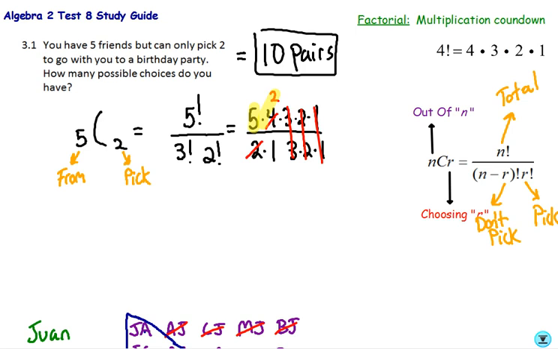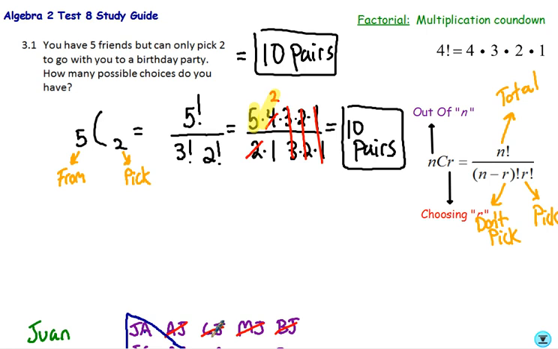So I get exactly the same answer that I got from writing out that table. The only difference is that it was a whole heck of a lot less work and took me a whole lot less time. Right? I showed you the table because I wanted you to understand the big picture, but this is really how we're going to approach these problems with factorials. And it's really how I want you to work them out from here.